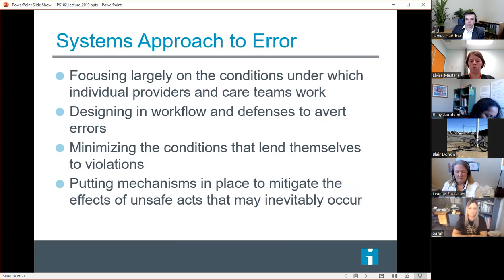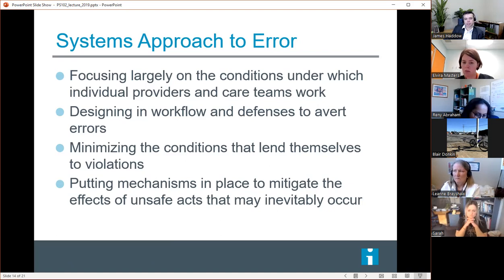So we're focusing largely on the conditions under which people and care teams work, rather than individual performance, which although important, is something you can't really deliver on a systematic scale and expect things to get better. So when you're trying to improve things and make things safer, you want to think about things that you can deliver across a whole system, not just to one individual.